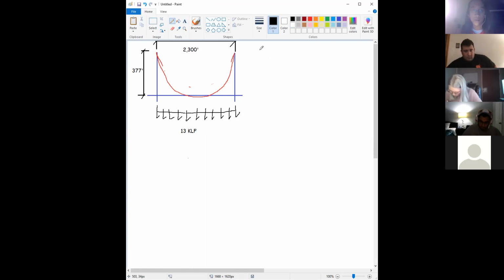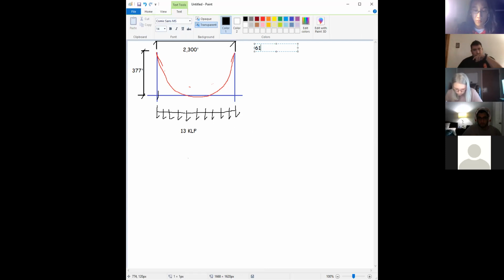Now we have the deck, which is this bit right here. I'm just gonna write this down and illustrate: 61 feet wide, 12 inches thick, and it is 150 pounds per cubic foot.